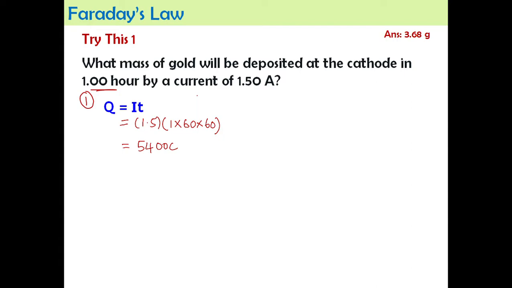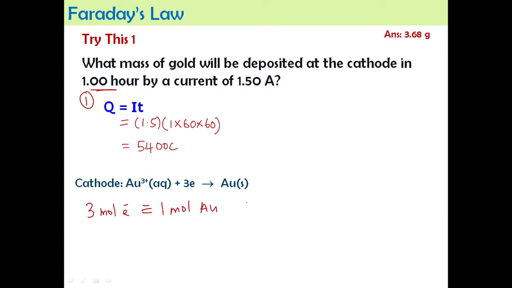Mol of electron. Tapi tadi soalan dah bagi equation, so tak perlulah kita figure out sendiri. Daripada equation ini, kita boleh relate kalau 3 mol of electron is discharged, akan menghasilkan 1 mol of aurum ataupun gold.